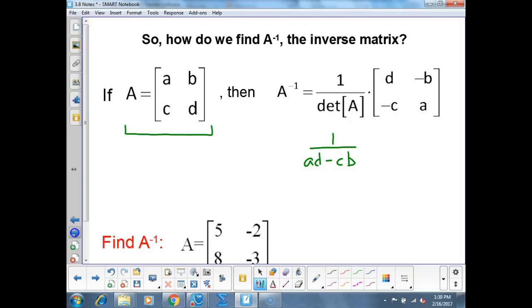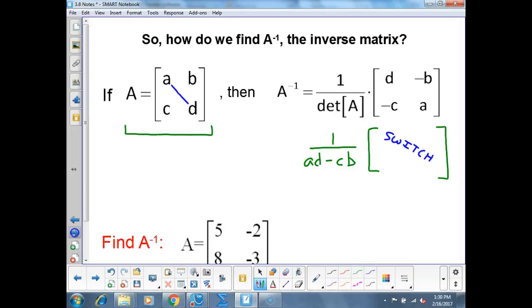And then, in our original matrix, what we do is we switch the main diagonal numbers. So A and D here, this is our main diagonal. We're going to switch those around.